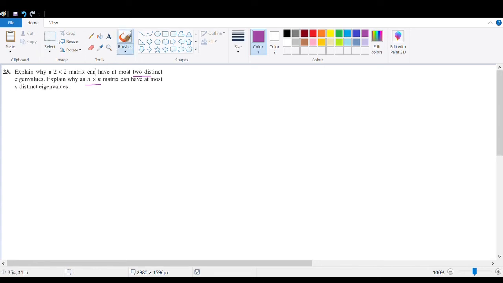In 23, explain why a 2 by 2 matrix can have at most two distinct eigenvalues. Explain why an n by n matrix can have at most n distinct eigenvalues. We know that for a 2 by 2 matrix, if we say this one has more than 2, that means it has 3 eigenvalues.